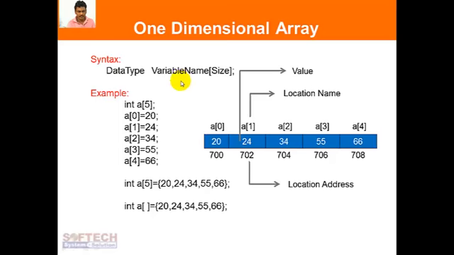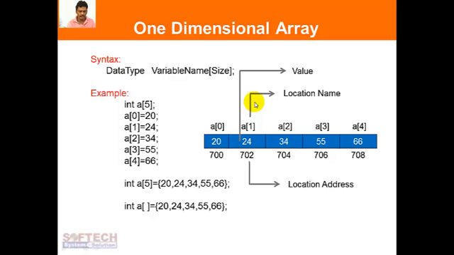The address of a is 100, but the address of b is 800. There is no continuation in ordinary variables, but in an array variable it continuously allocates the memory. This is also one of the differences between an ordinary variable and an array variable. If we declare more than one ordinary variable, it does not allocate continuous addresses.